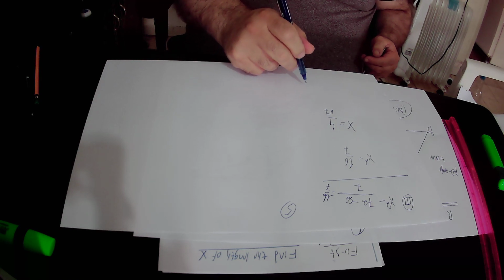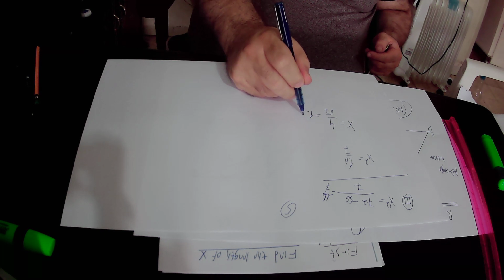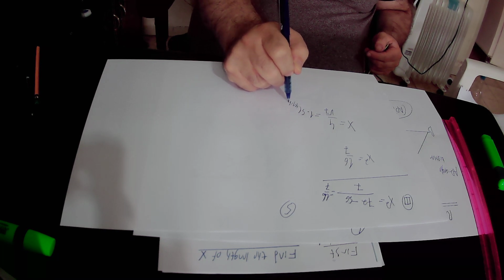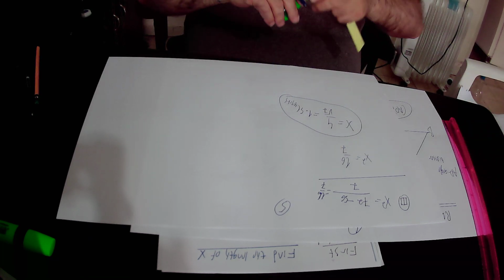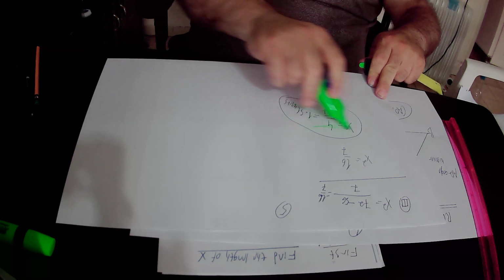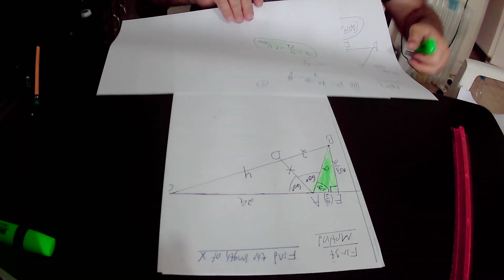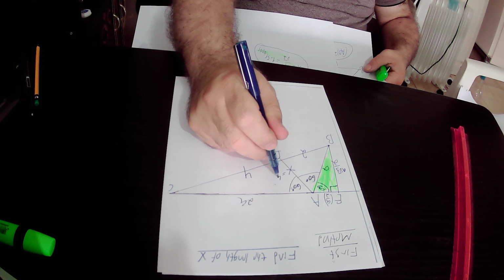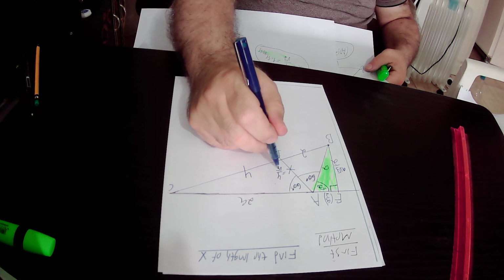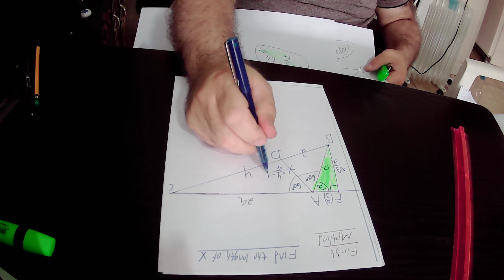So we actually found out that x equals 4 over square root of 7 units, or in terms of numbers, 1.51 units. Here AD is equal to x, which equals 4 over square root of 7 units, or in terms of numbers, 1.51 units.